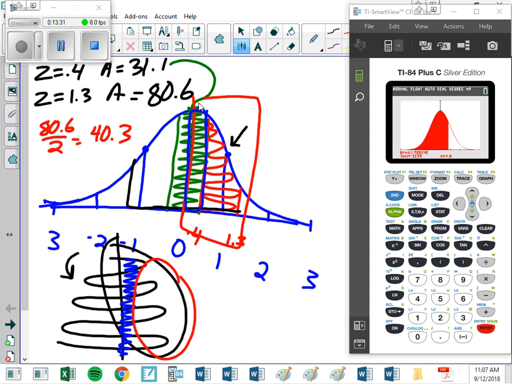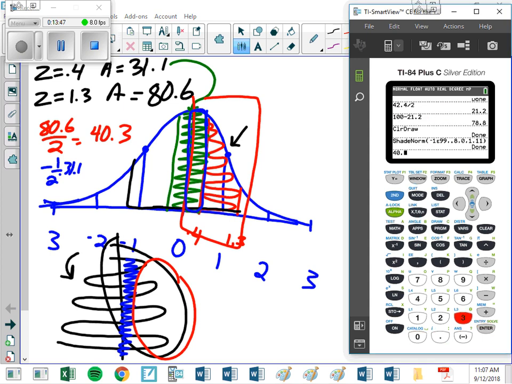And that piece is half of the 31.1 area. So I need to subtract off half of 31.1, which is 15.5, whatever. We're just going to do it the easy way. 40.3 minus 0.5 times 31.1. And that gives me 24.75.